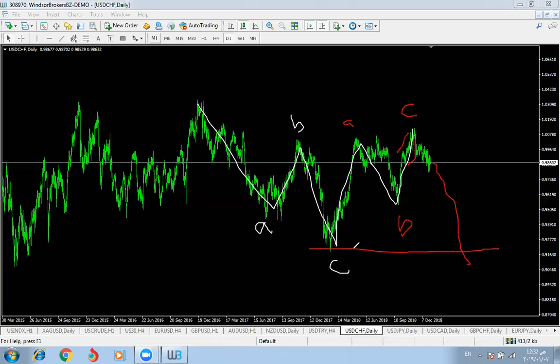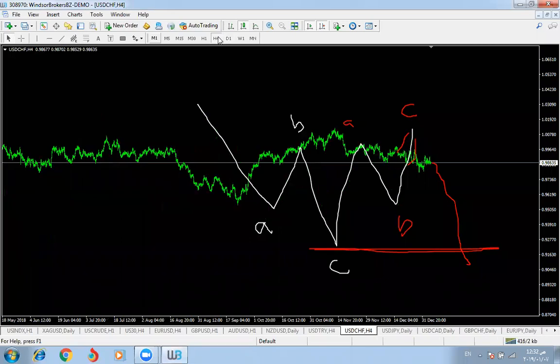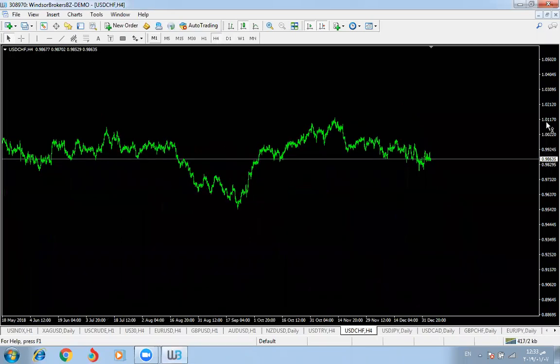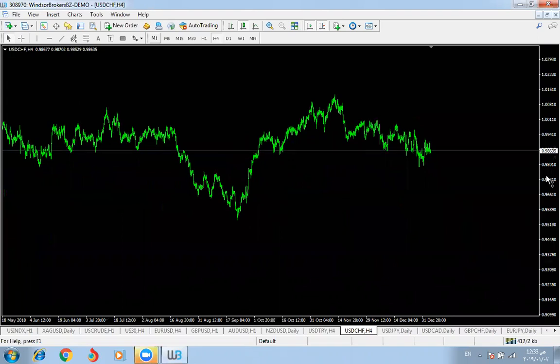We are expecting the price to retest this bottom around the 0.92 area. A very easy corrective structure for the Swiss franc. So any movement to the upside for the Swiss franc is an opportunity for you to ride the market in favor of the bearish trend.